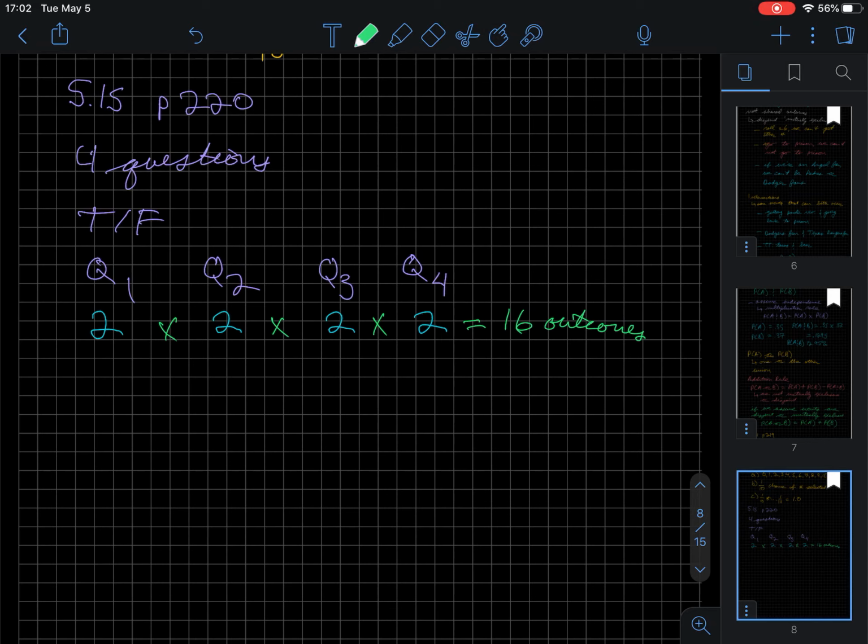The probability of one individual outcome, not any one in particular, but just one outcome, is 1 out of 16, which is about 0.0625. So hopefully that was pretty easy. That was part B that we just solved.